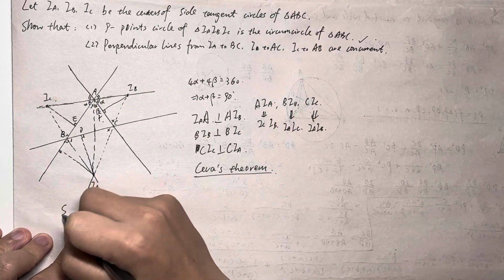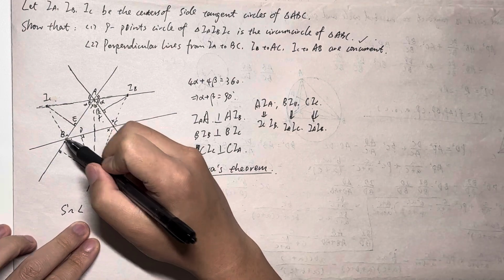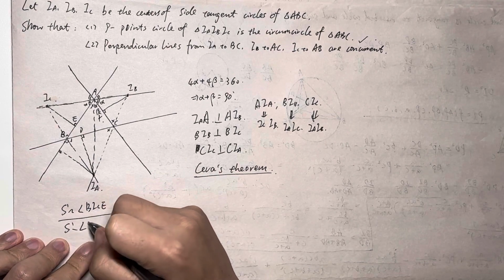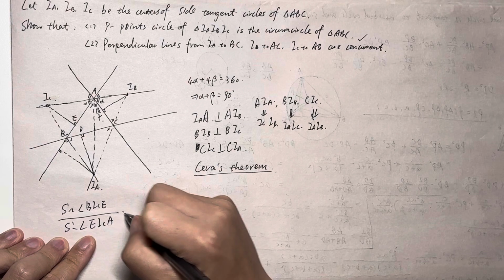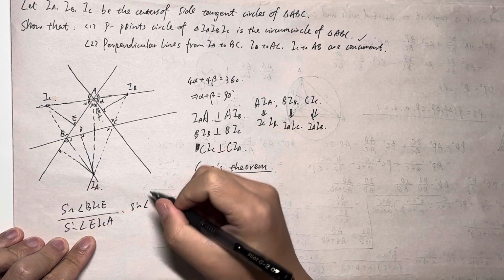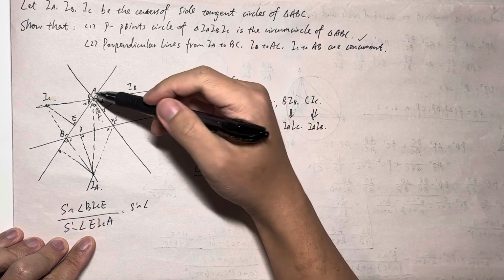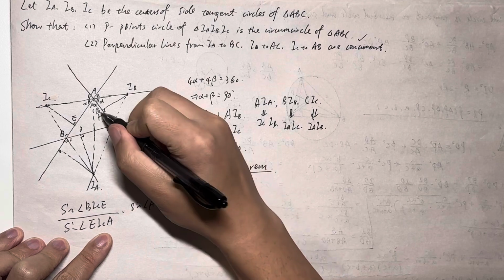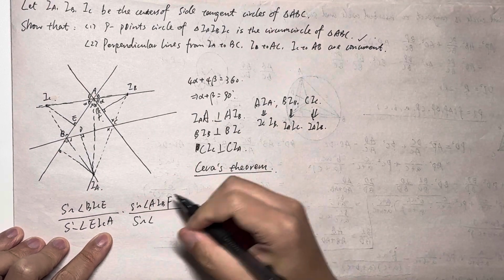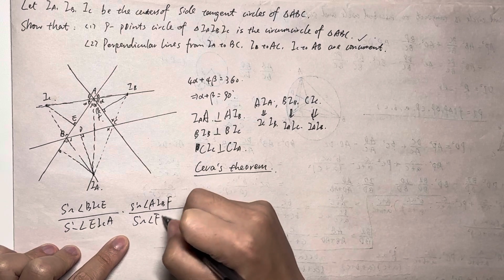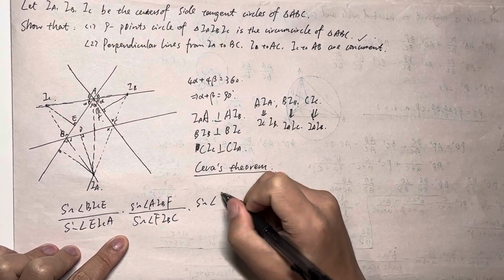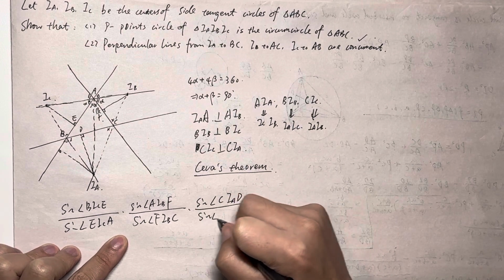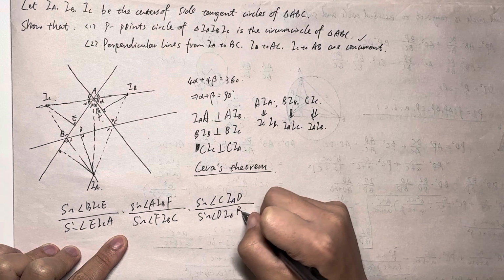Then we know the sine of the angle, starting from B, right? sin(BIC E) over sin(EIC A) times sin(AIB F) over sin(FIB C) times sin(CIA D) over sin(DIA B).